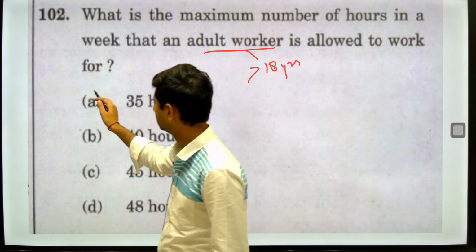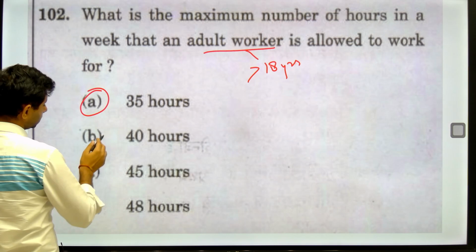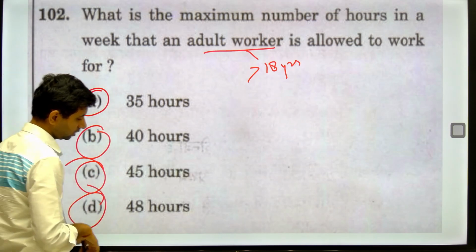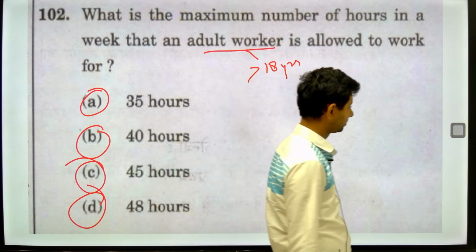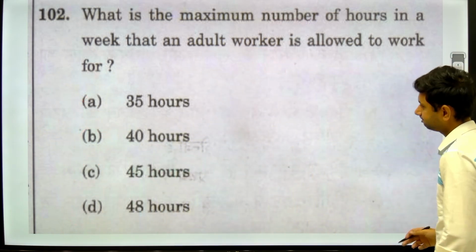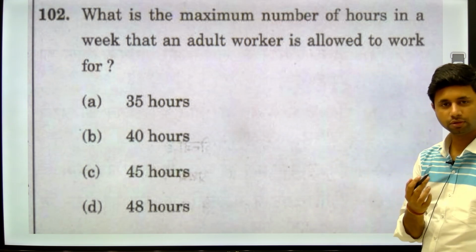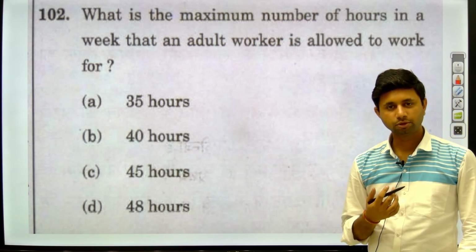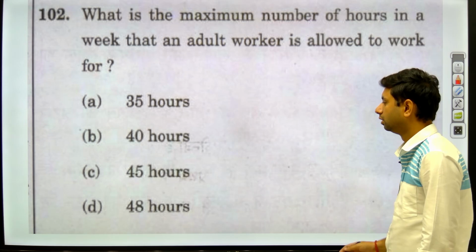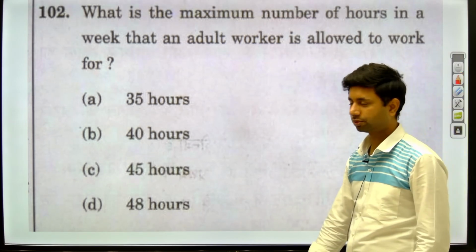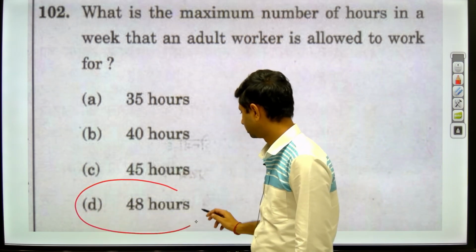So the options are 35 hours, 40 hours, 45 hours, 48 hours. Let's see. So tell me the right answer. Then we'll see what exactly is in the provisions of the law. So the answer with respect to this question is 48 hours.